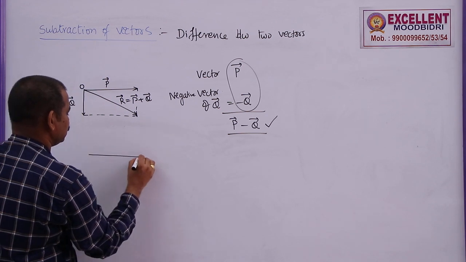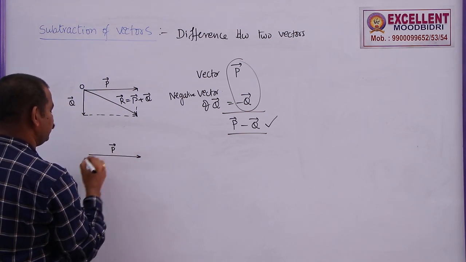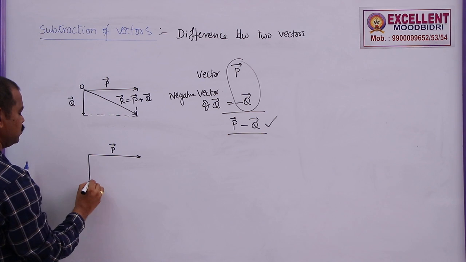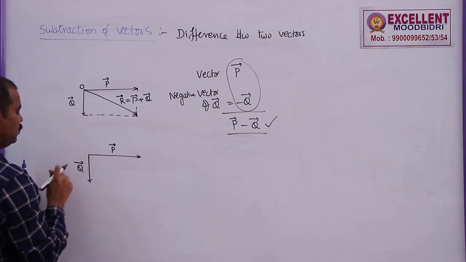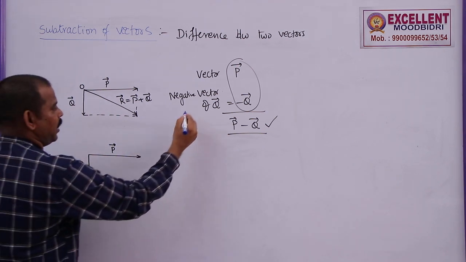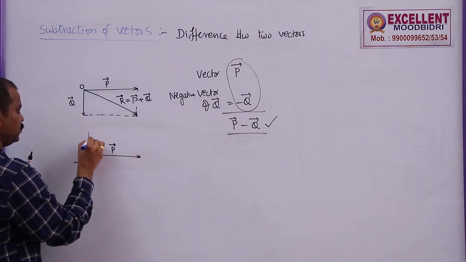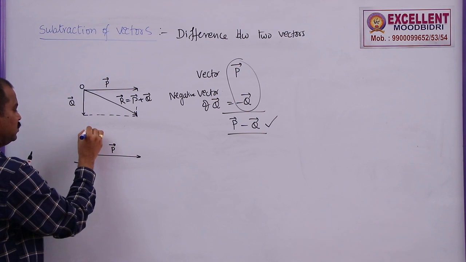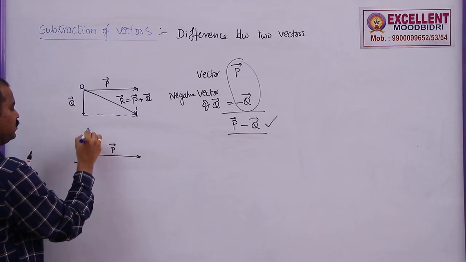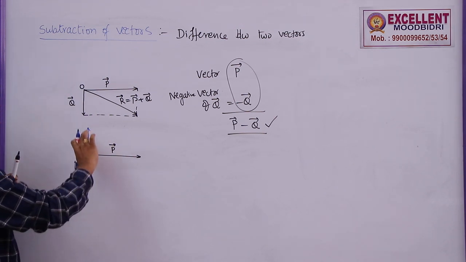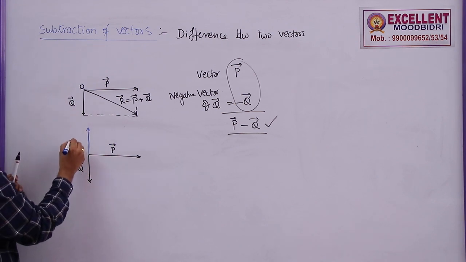Here, see this one, this is P bar and we know this is Q bar. Now I need a negative vector of Q bar, that means you just extend this one in the opposite direction. A negative vector means a vector which has the same magnitude but acts in the opposite direction.